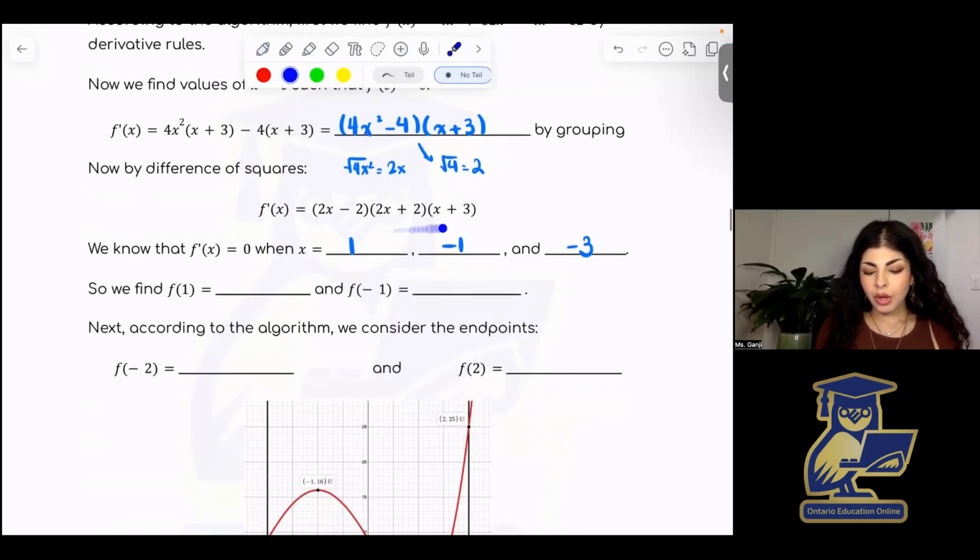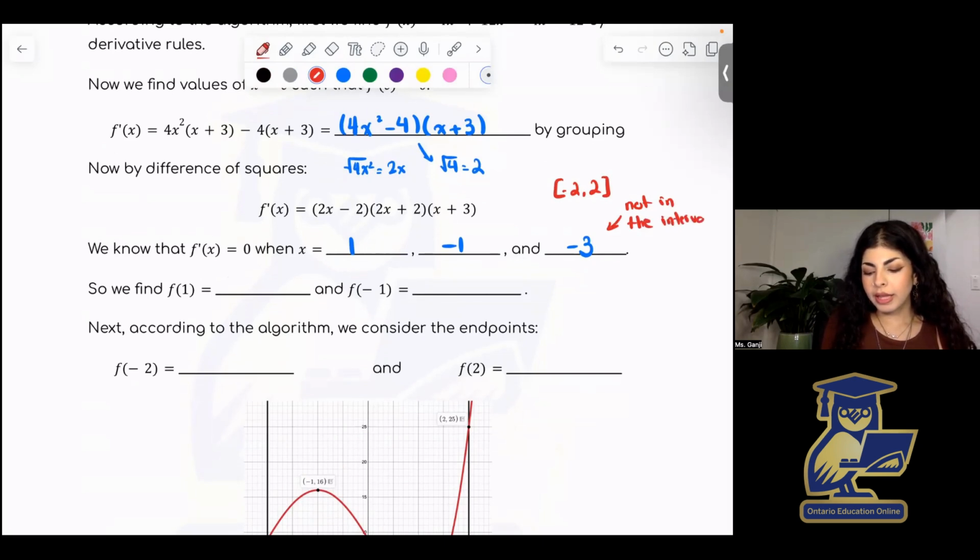Now, although all these 3 values are the critical points, remember our interval was -2 and 2. And so that's why we don't actually consider -3, so not in our interval. So we only find the output values of f of 1 and f of -1 for our critical points.